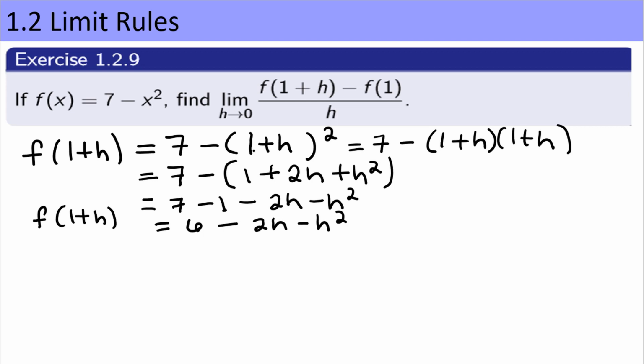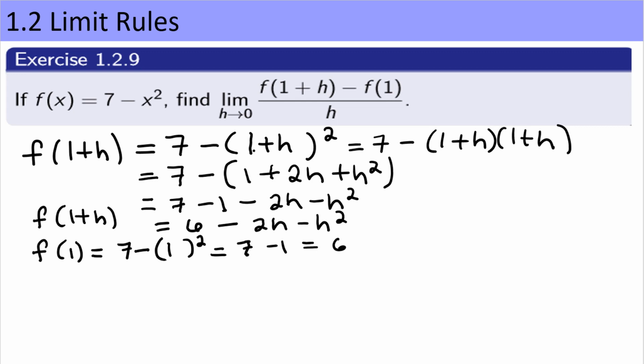Now let's compute f of 1. That just means we evaluate the function at 1. So we'll do 7 minus, where the x is, we put in the 1 squared. So 7 minus 1 is just 6.